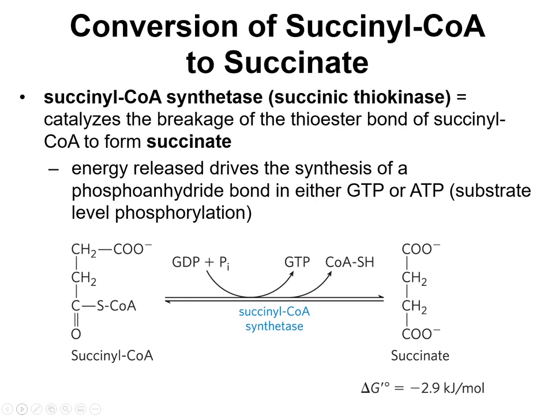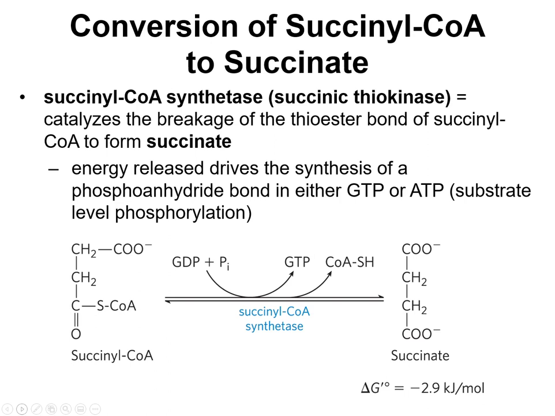Conversion of succinyl-CoA, which we just made, to succinate. It uses succinyl-CoA synthetase, which catalyzes the breakage of that thioester bond to form succinate. And in the process, we are making GTP or ATP. So there are different isozymes of succinyl-CoA synthetase that will either use GDP or ADP for substrate level phosphorylation.